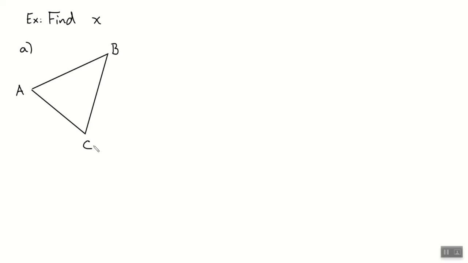Like with points and lines, we have to use the specific notation. This side right here that we would call AB is opposite from which angle? This is side C. This side is opposite from which angle? Lowercase a. This side is opposite from B, so this would be side b of this.